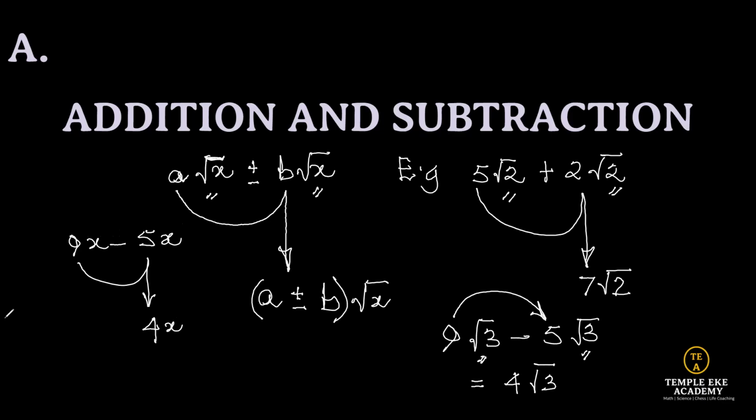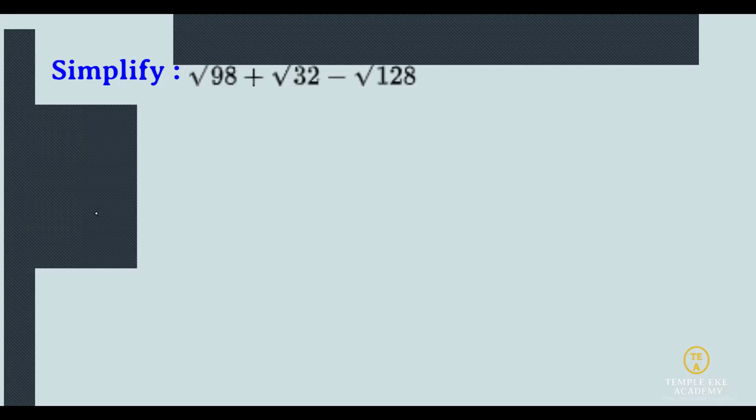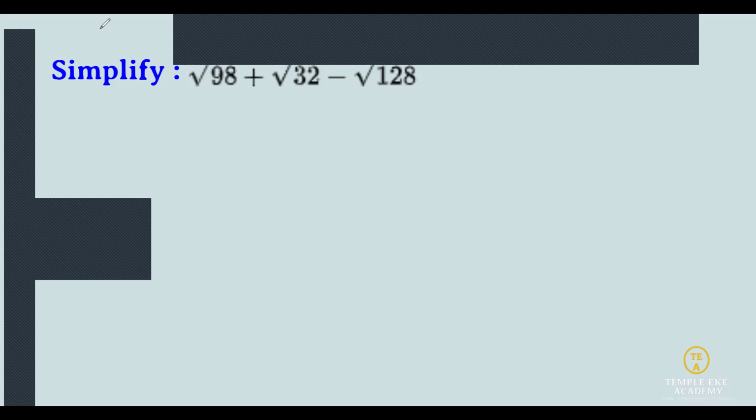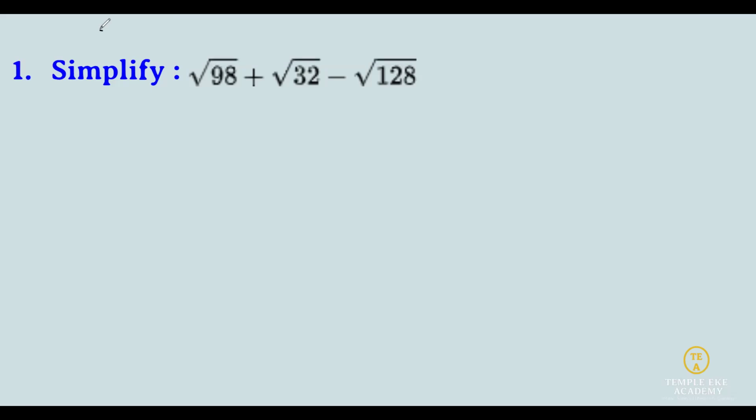Let us look at some illustrative examples on addition and subtraction. Let's go. Here we go. All right. Okay, so let us look at the first one. Now we have to simplify the square root of 98 plus the square root of 32 minus the square root of 128.